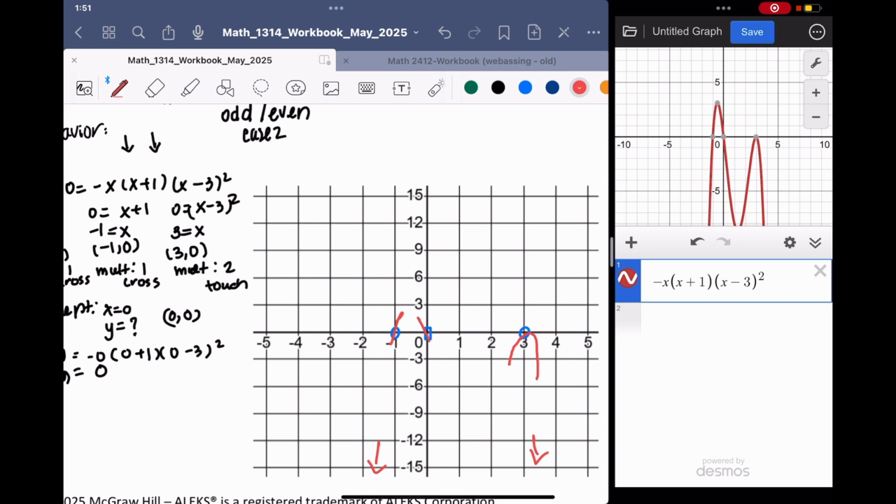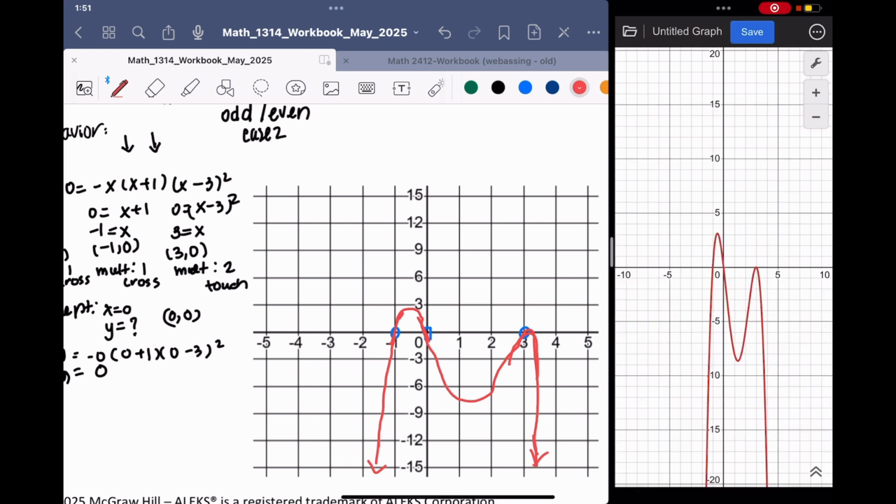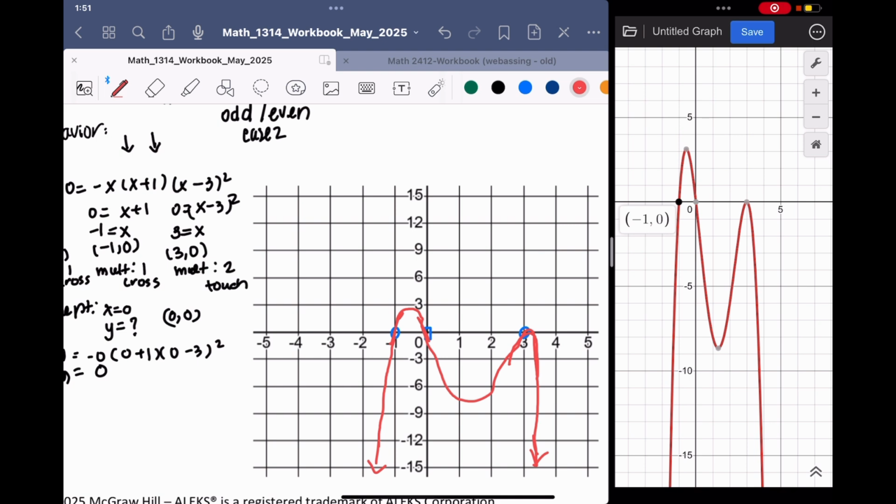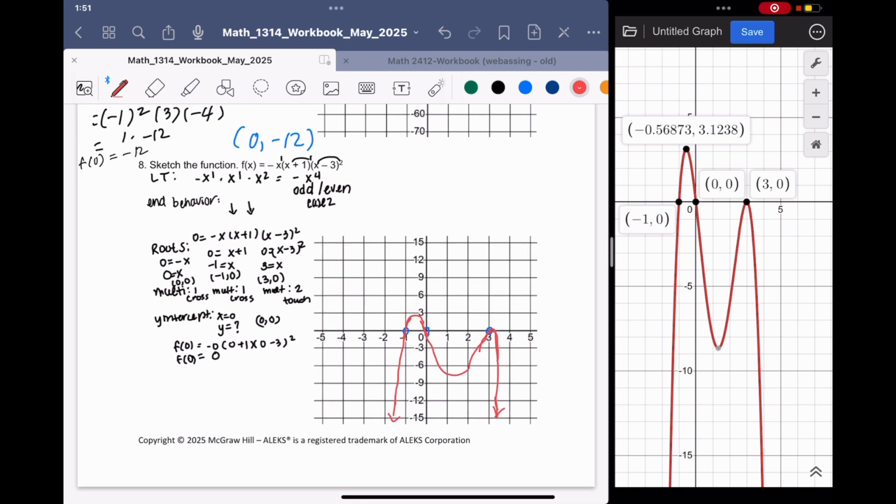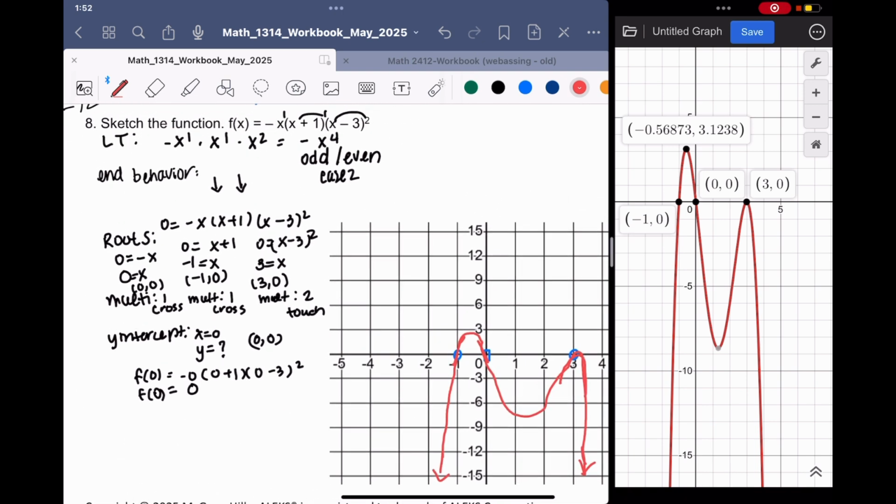That is a mess. So it's going to be a sketch of something like that. Something's happening in the middle, and then a turn. And if we look at our graph a little bit more, with a little bit more intention, and we label what we know, all of those are the same. The x and y intercepts, the roots and the y-intercept, are the same. Zoom out so you can see that correctly.